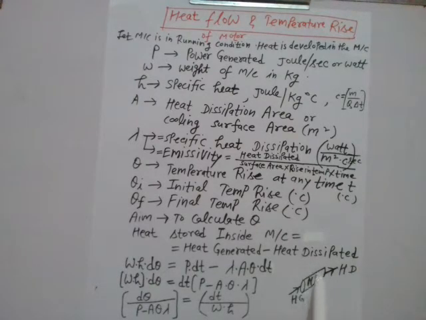Definitely it is 60 units. So if 100 units of heat is generated in the machine and 40 units is dissipated, then the heat stored in the machine is 60 units. So you can write, heat stored in the machine is nothing but heat generated minus heat dissipated.